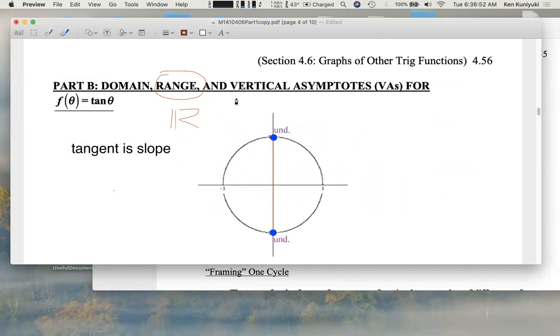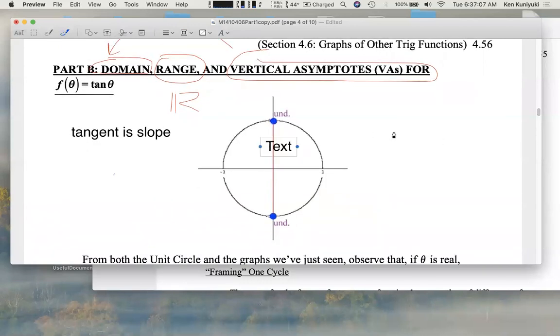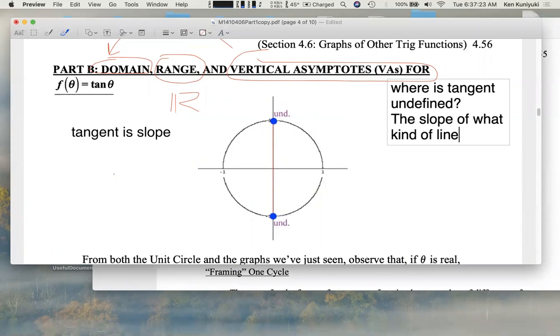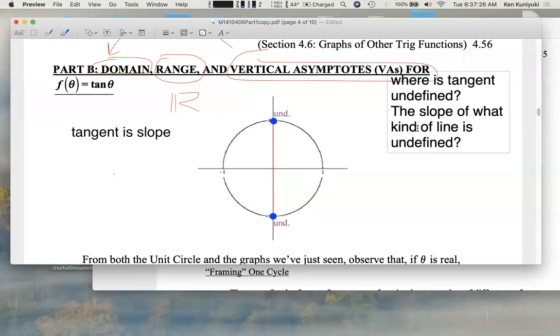Now, I'm going to discuss the vertical asymptotes, or VAs, for the graph of y equals tangent of theta, and then we can figure out the domain. First, the vertical asymptotes. So here's the key thing. Where is tangent of theta undefined? In particular, the slope of what kind of line is undefined?